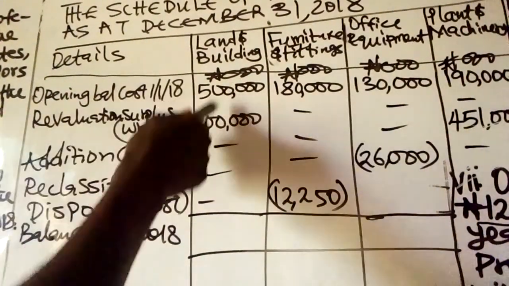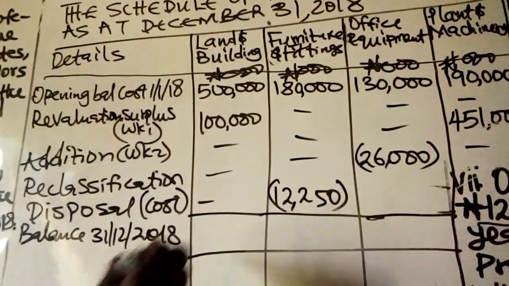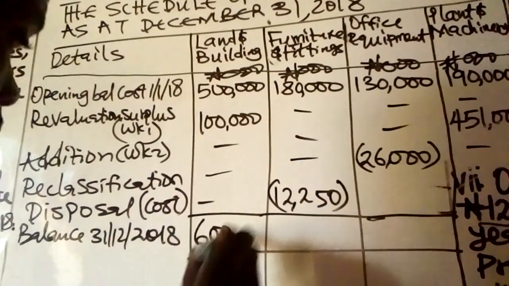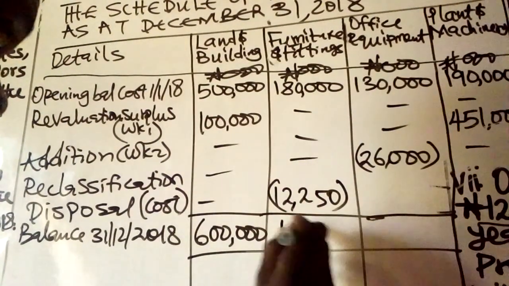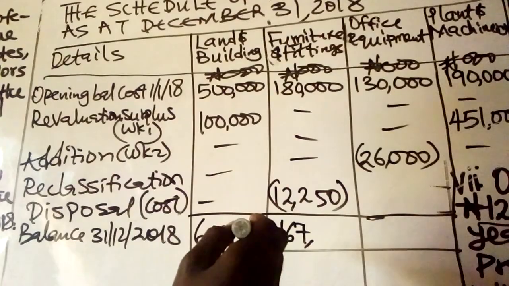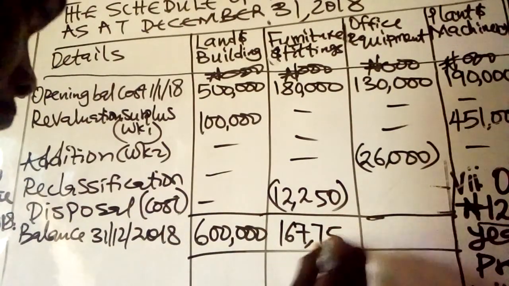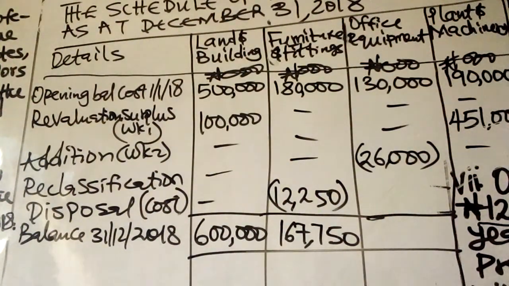If you add 500,000 and 100,000, that would be 600,000. 180,000 minus 12,250, and that will be 167,750. 130,000 minus 26,000, and that will give us 104,000.